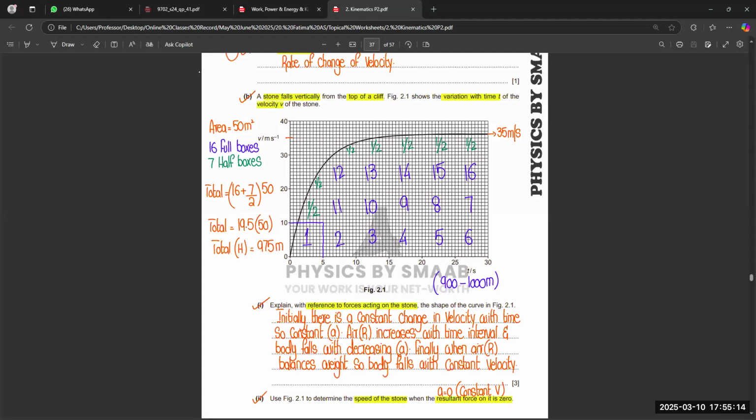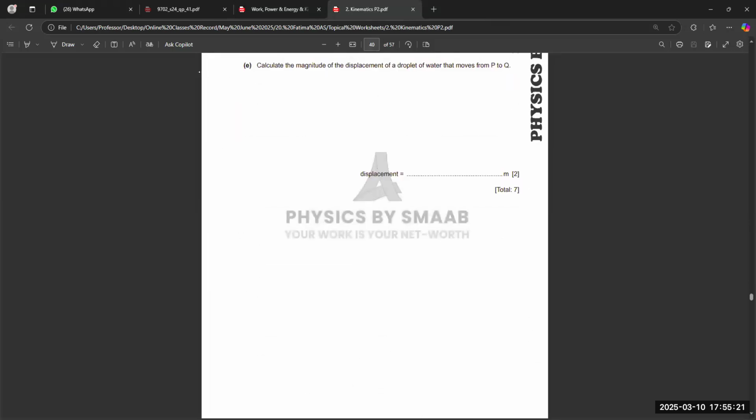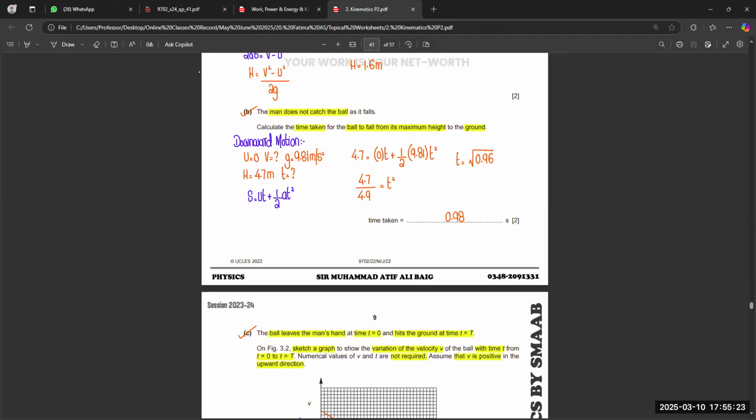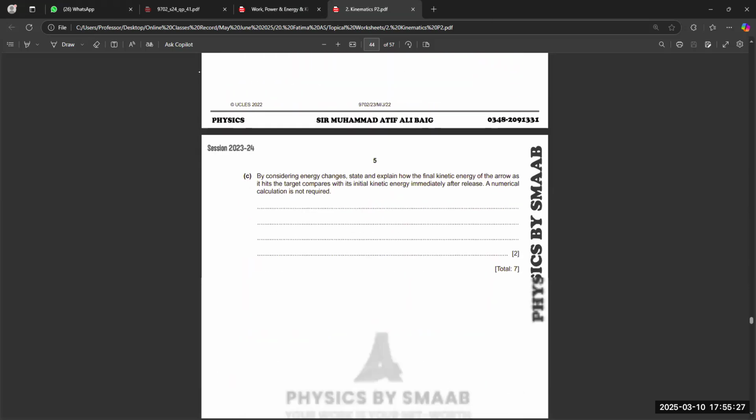Mostly questions are linked to the equation of motion. Only the idea of projectile is used in the question. So this is one question we discussed last time related to vertical component.